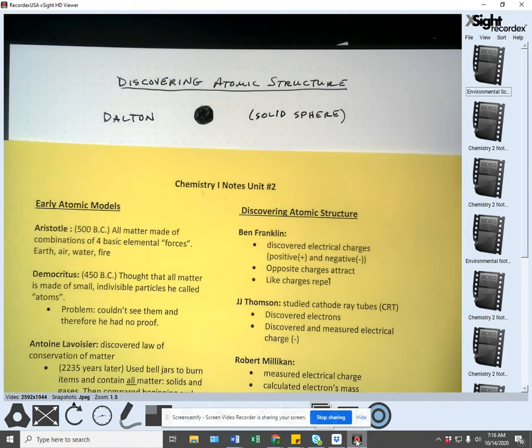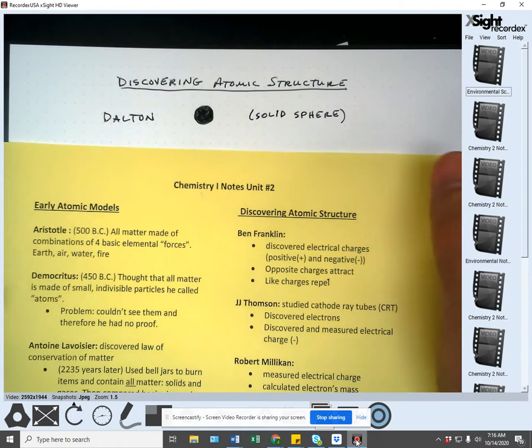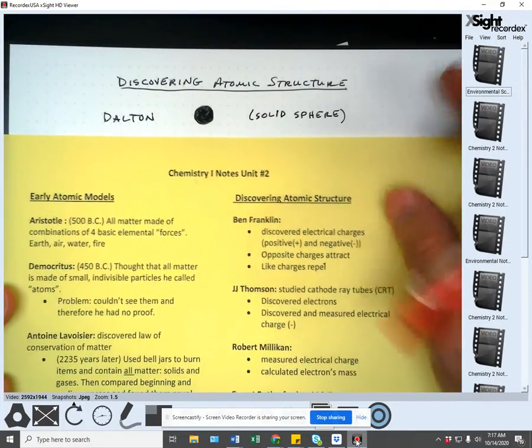So if you think about magnets, the same charges push away from each other and the opposite charges attract. Okay, so that's the first information that was found about matter in general, that there are these charges and this is how they work. We still don't know necessarily that there's anything else to an atom, but this is information that we start with.